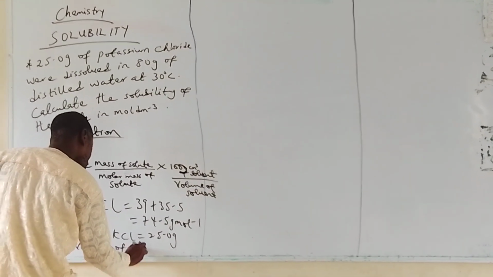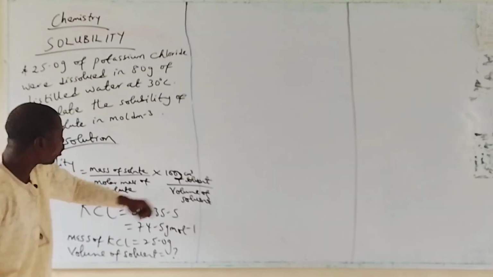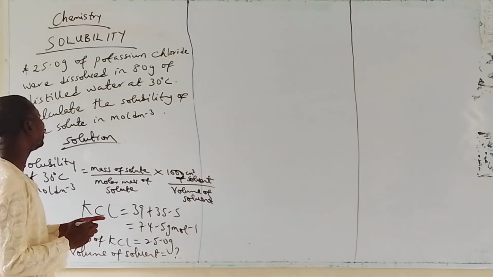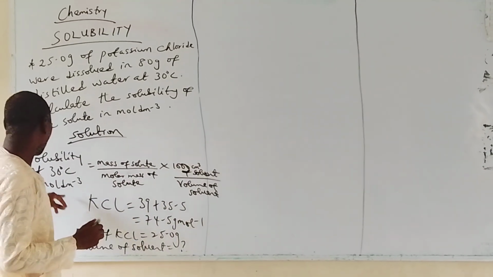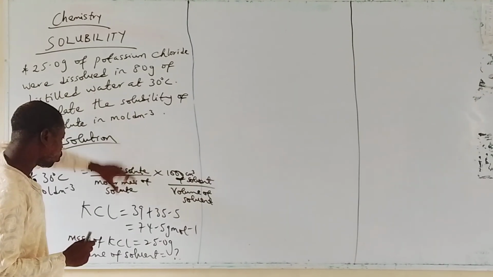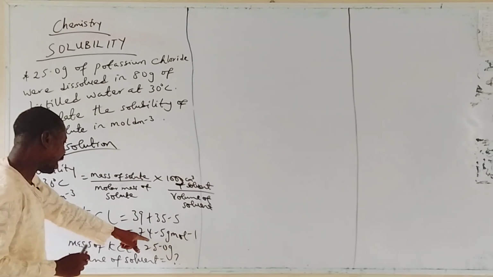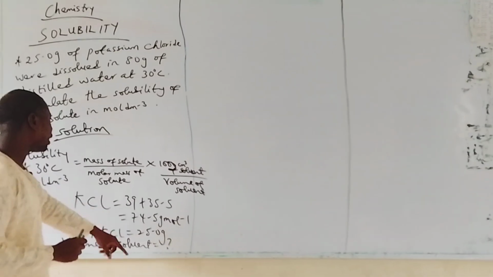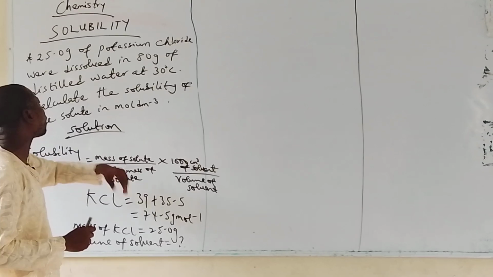Volume of solvent, I don't know it, and I need that volume of solvent in solving the problem. So now I want to find the solubility. Something is missing. I already know the mass of solute, which is 25.0. I already know the molar mass, 74.5. Then 1000 cm³ is present, but the volume of the solvent is absent.